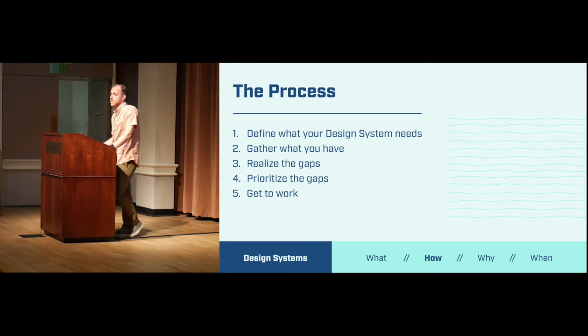Unless you're working on a brand new product for a brand new brand, chances are you have some assets that live somewhere on somebody's computer in a brand guidelines PDF. Then you take those two and you compare them, and you realize the gaps of what you need to develop, what you need to have designed. Then you need to prioritize the gaps, and then you need to get to work actually building the design system.